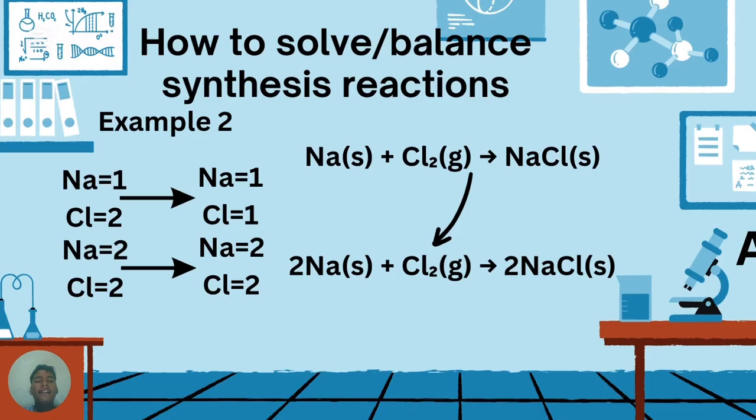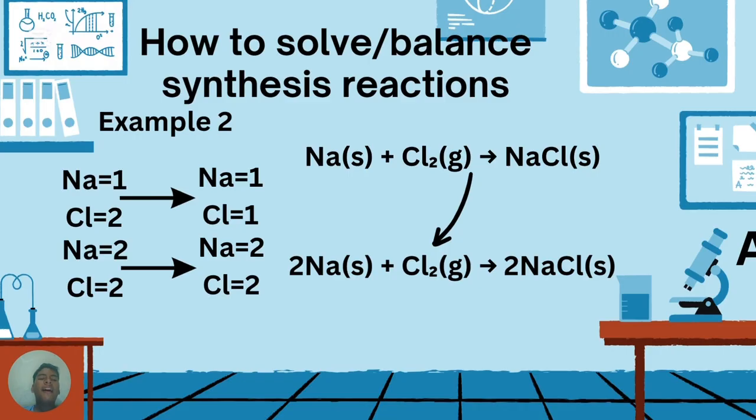Now, here is another example. We have sodium and chlorine gas form sodium chloride as a solid, and here we see that sodium is equal on both sides, but chlorine, there's 2 chlorine on the left hand side but only 1 chlorine on the right hand side, so we would also need to add a 2 in front of sodium chloride to make there be 2 chlorine on that side.